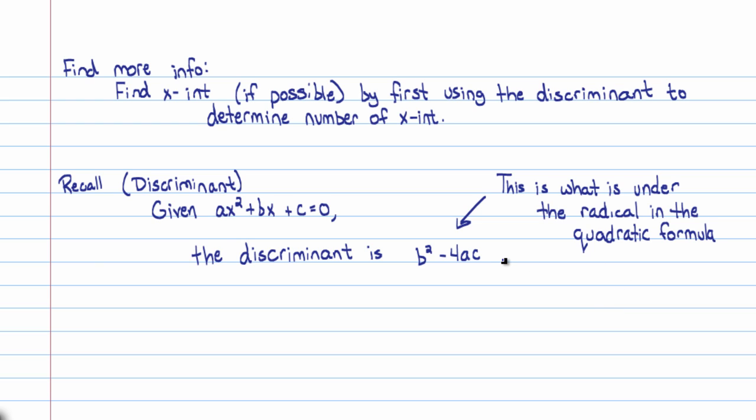And remember what we said about this in a previous lecture, that if you find out that b squared minus 4ac is negative, then you have a negative underneath the radical, so your quadratic equation here only has non-real solutions. It has complex number solutions.